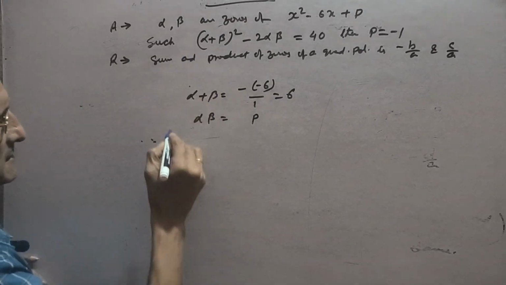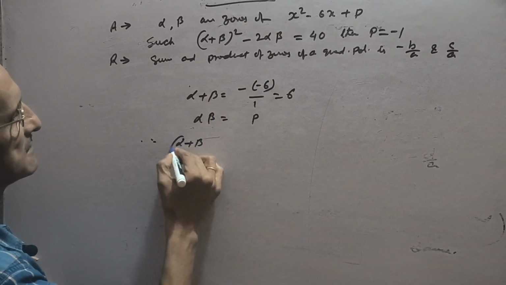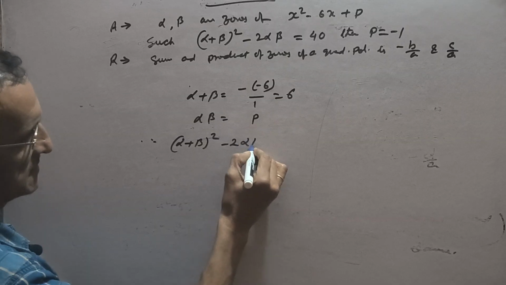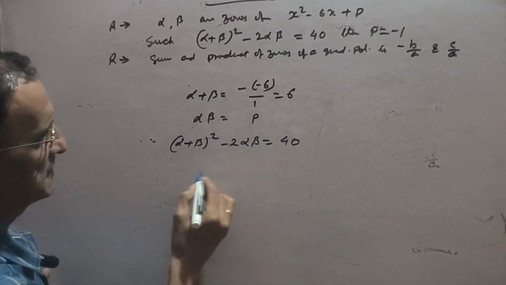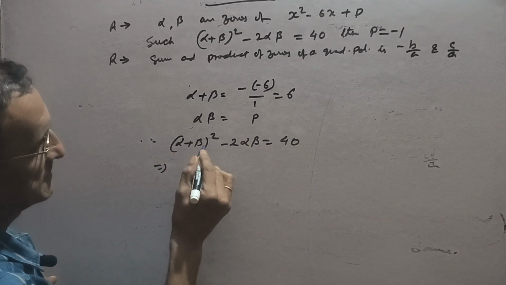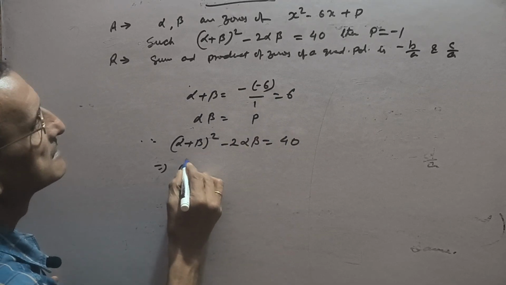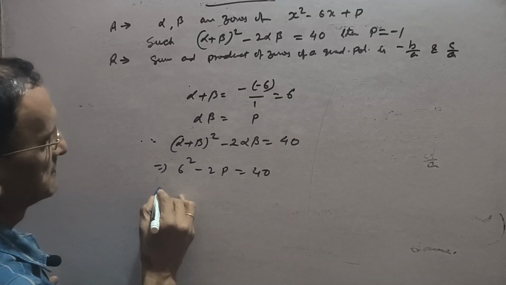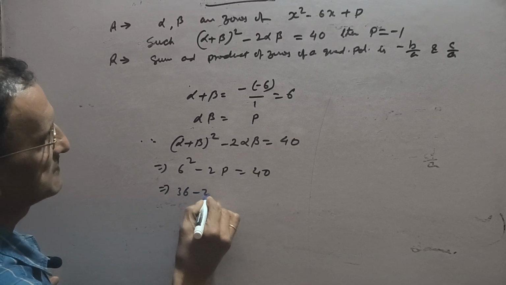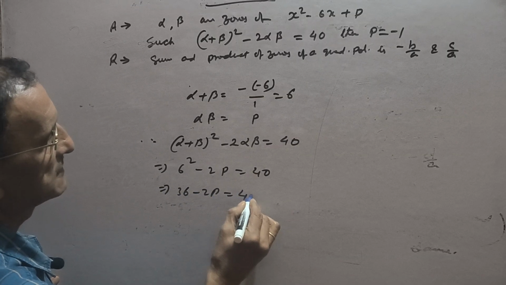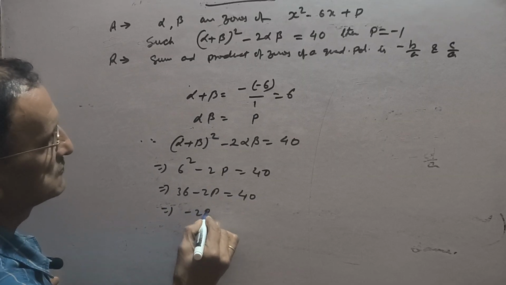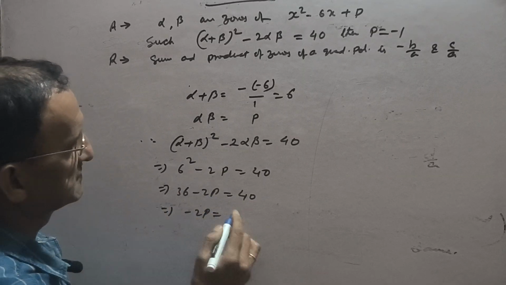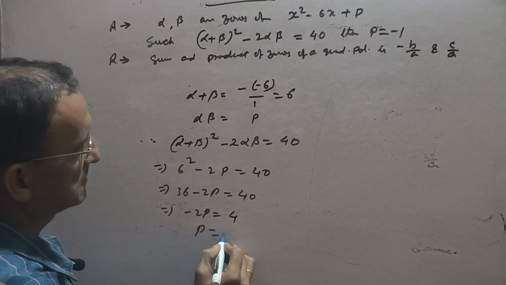Now what is given? Alpha plus beta whole square minus twice alpha beta is 40. Alpha plus beta is 6, so 36 minus 2p equal to 40. So minus 2p equals 4, p equal to minus 2.